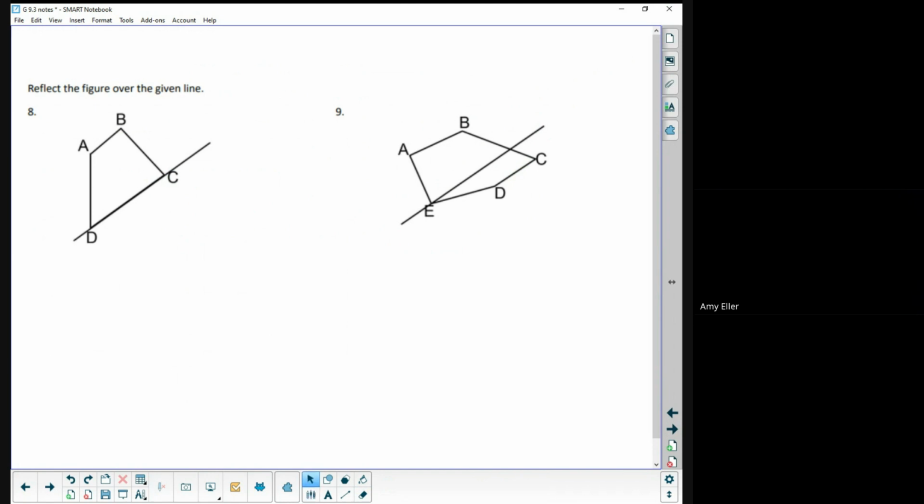Remember, as you trace it, put the letters on the inside because you're about to cut it out. Yeah. So that's basically the only thing to do. And cut right on the line. Don't let it cut around. If you want to try reflecting without patty paper, do it.